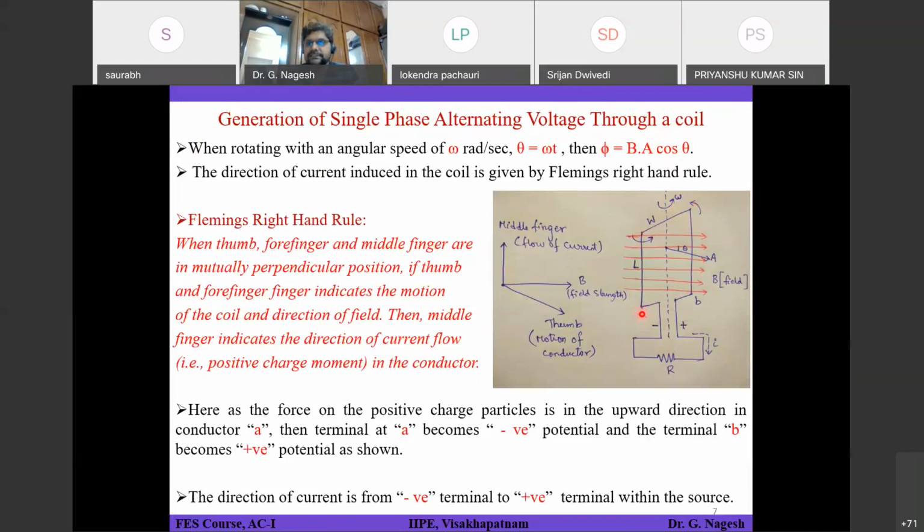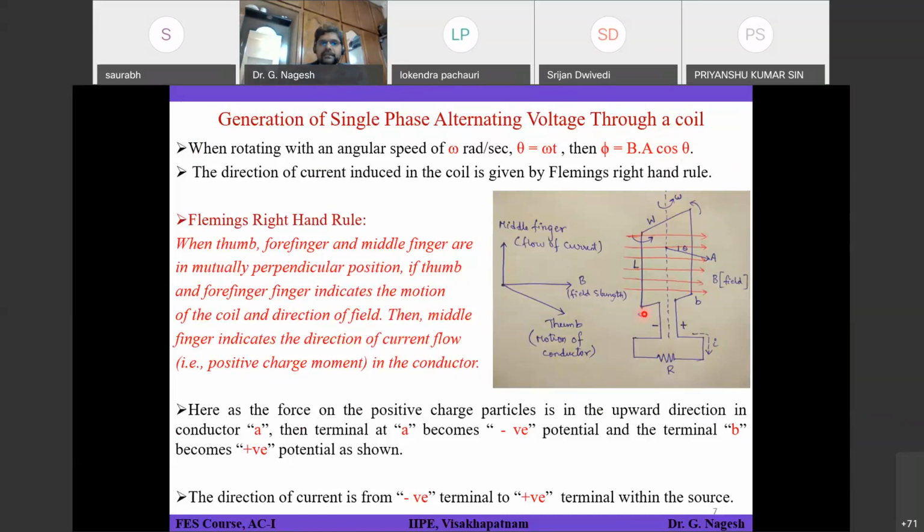Since there is a change in flux, an EMF will be induced, and if the circuit is closed, that EMF will try to force some current to flow in the coil. With respect to time, the flux linking the coil is going to change because phi is equal to B into A into cos of omega t, and t is changing. If the circuit is closed, some current will flow through the coil, and we have to know the direction of the current.